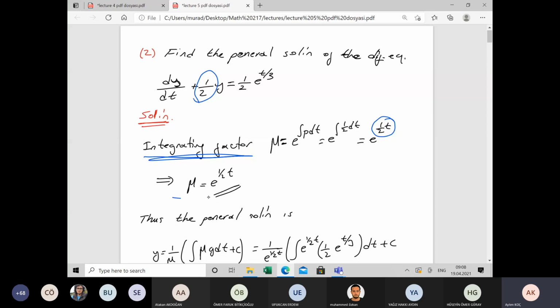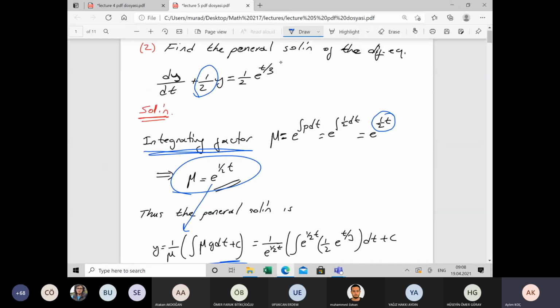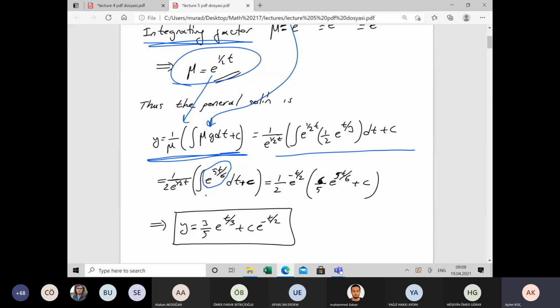What's y? In the formula, substitute mu and the right hand side, and we obtain this integral. It is easy to see that this integral is equal to this one. So we obtain our solution. Any question about this solution?